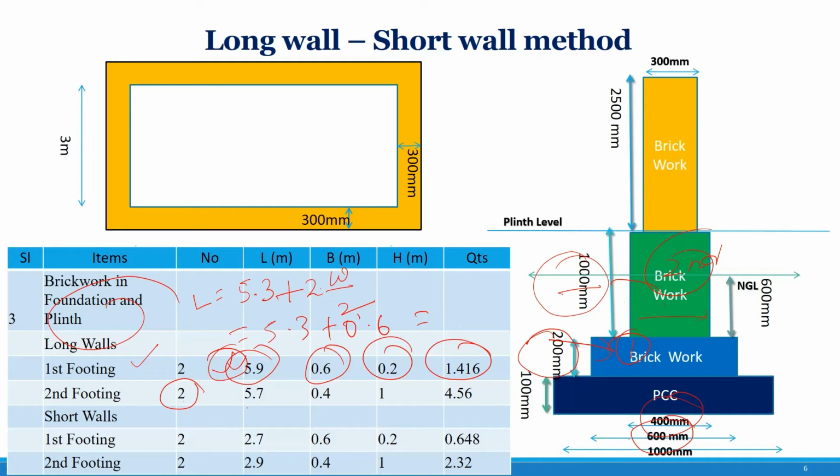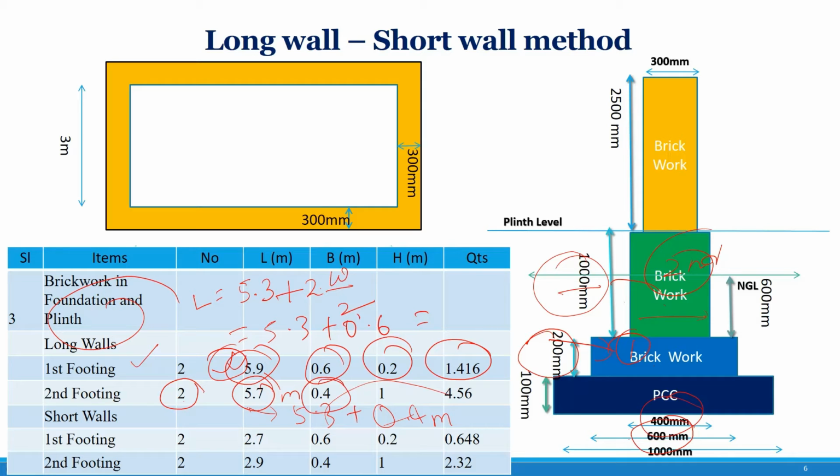The second footing is again, you have two long walls, and again we have 5.3 meter plus 2 times half of the width of your component, that is 0.4 meter, so it is coming to 5.7 meters.